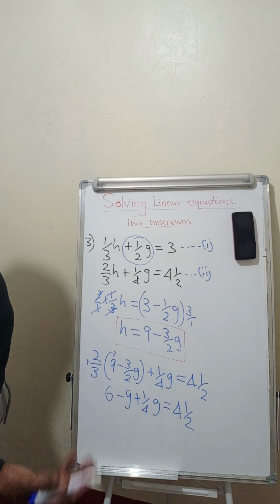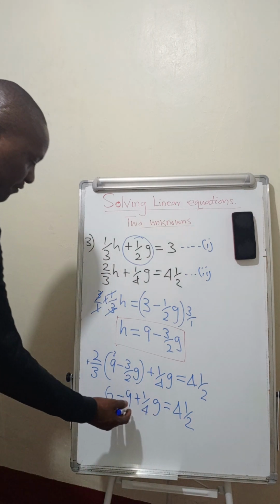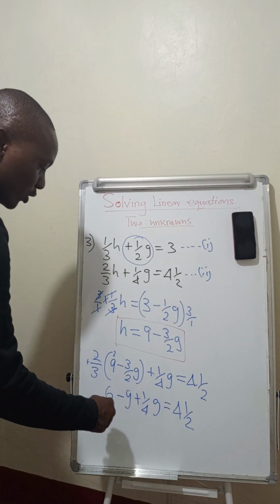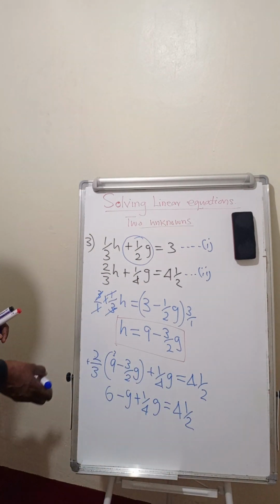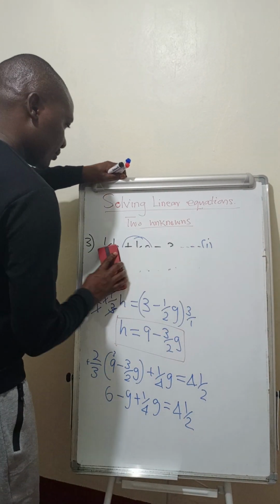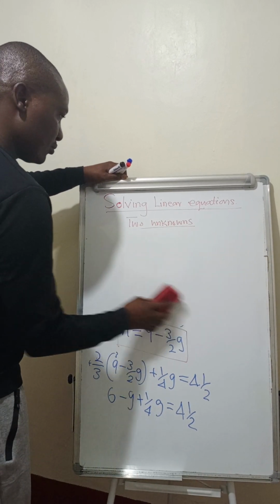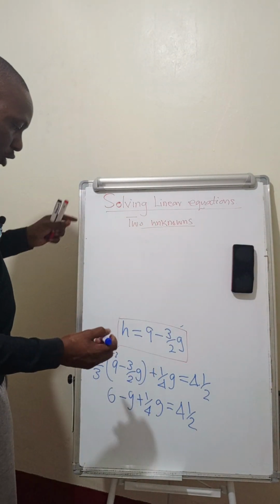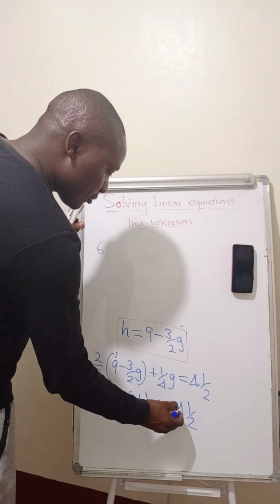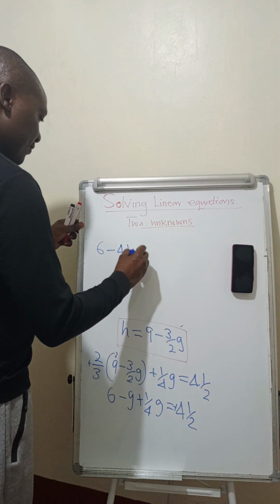Now, we collect the unknowns. For example, we can take the unknowns to the right. So if we take them to the right, we are going to have 6, the known. We can take this plus 4 to be minus 4.5.